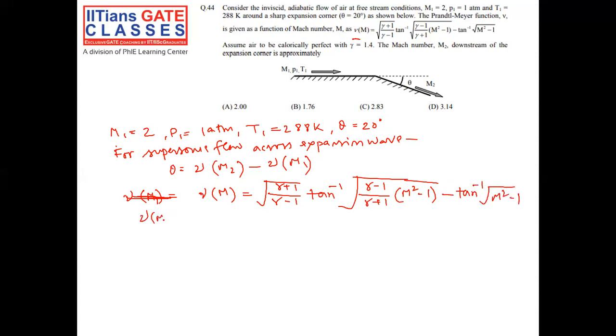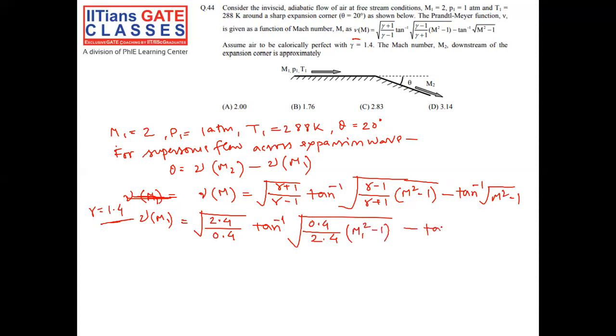Now for nu M1, this will be gamma plus 1, which is 1.4 plus 1, that is 2.4, divided by gamma minus 1, that is 0.4, with gamma equal to 1.4, tan inverse of 0.4 by 2.4 times (M1 square minus 1), minus tan inverse of M1 square minus 1. Now M1 is given as 2.